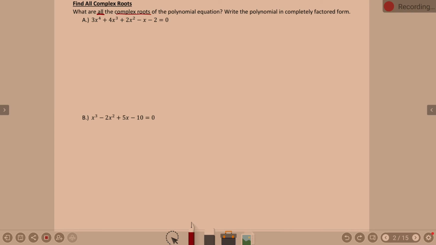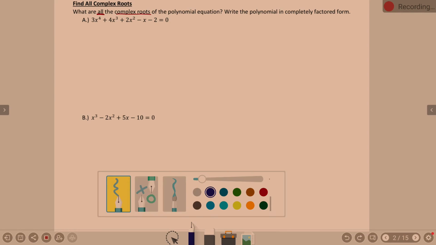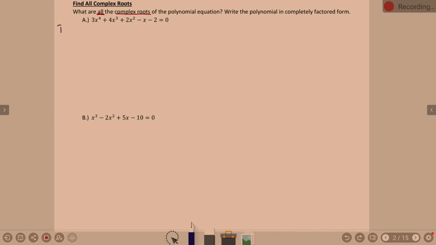Okay, if I think about trying to give you steps, so to speak, on this problem, step 1 is to find PRRs. So when we go to find our PRRs, what we just did, factors of what over factors of what?